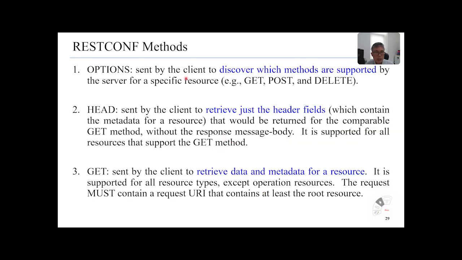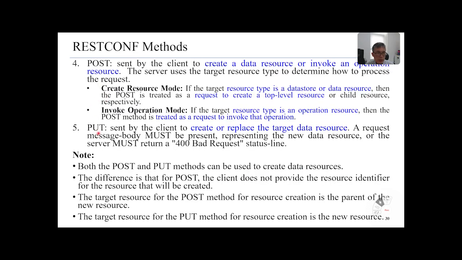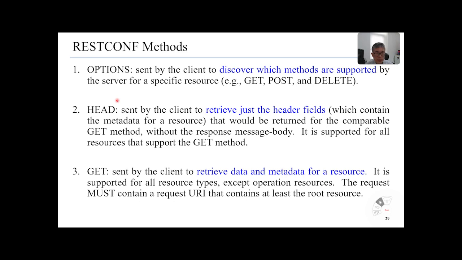Options, head, get, post, put are the basic methods of REST API, and RESTCONF can use these kinds of methods. Options is used to discover which methods are supported by the server, and head is used to retrieve just the header field for debugging. Then get is used to retrieve data and metadata of a resource. It is supported for all resource types.